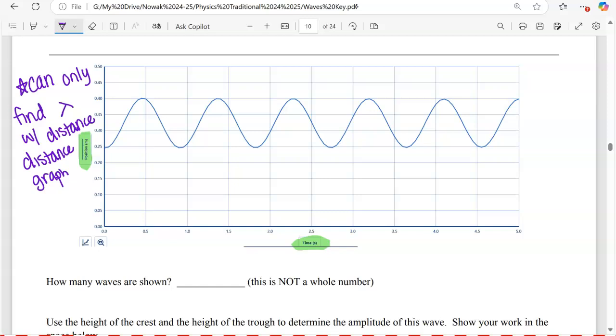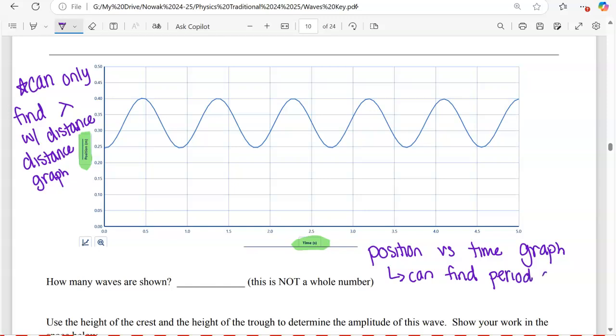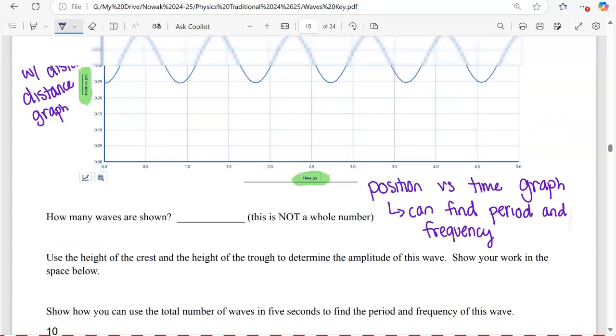When we have a position time graph, we can find period and frequency. You cannot find them from a distance graph or position graph.